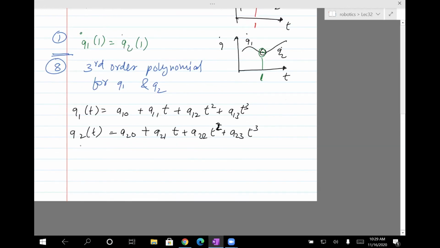Okay, and then you will have to find the first derivative of q1, first derivative of q2, second derivative of q1, and second derivative of q2.